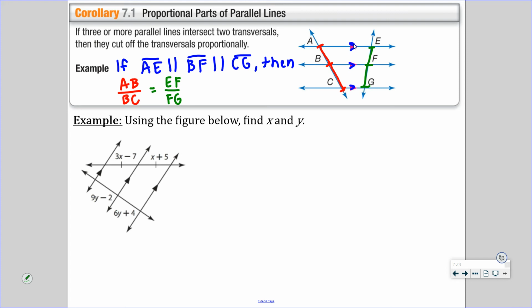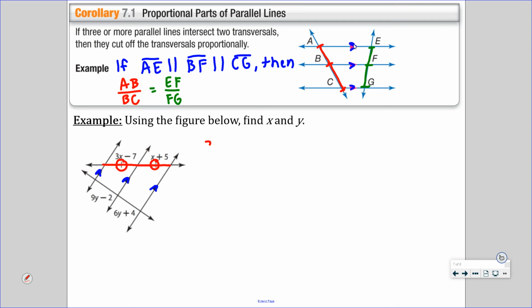Okay, this next part was kind of interesting. It says use the figure below to find x and find y. So they're marking all these parallel lines. So I see I have a couple transversals. Looking at this one, I notice that this parallel line right here not only split it into proportional parts, but into congruent parts.